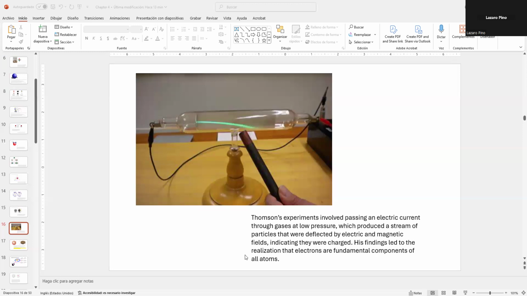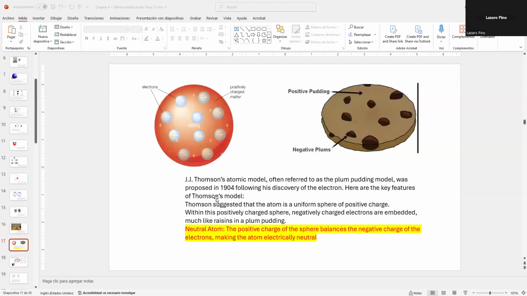Now we know that inside of the atoms we have particles. Thomson proposed a model for the atoms.